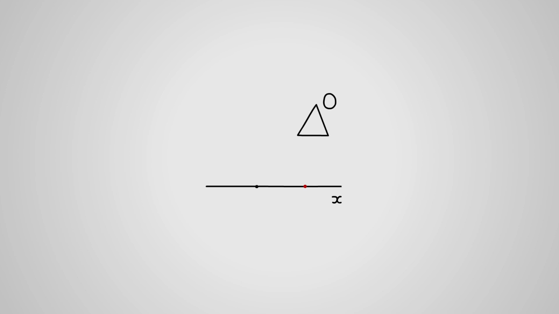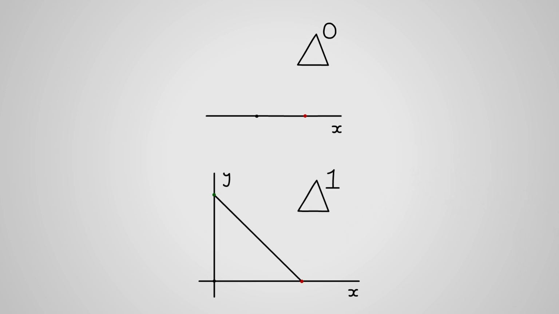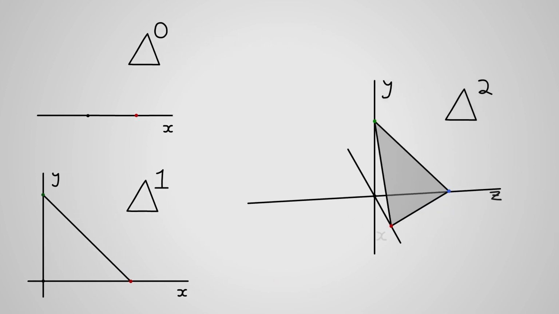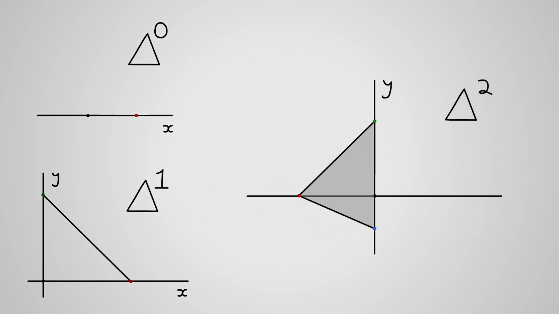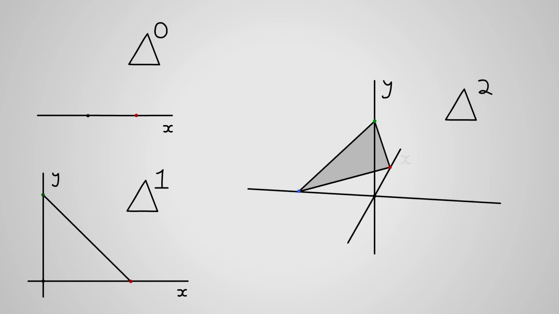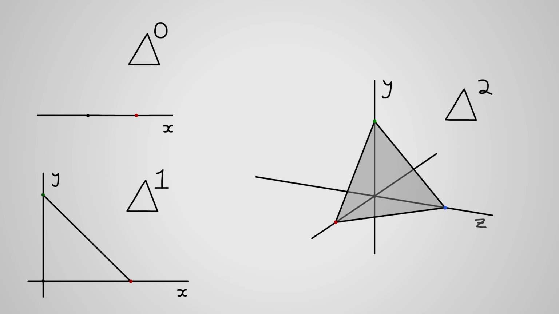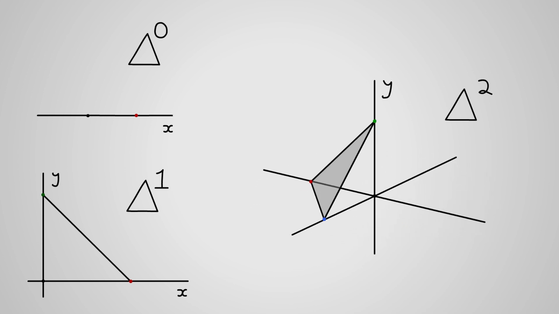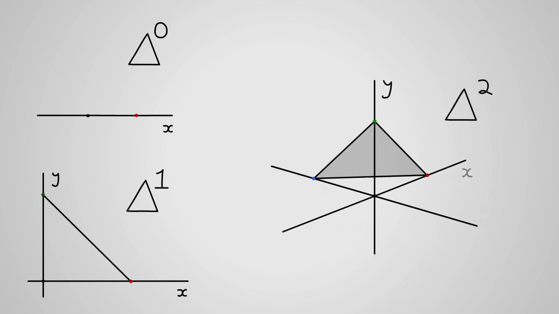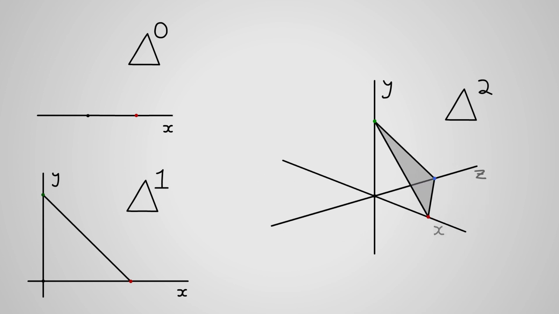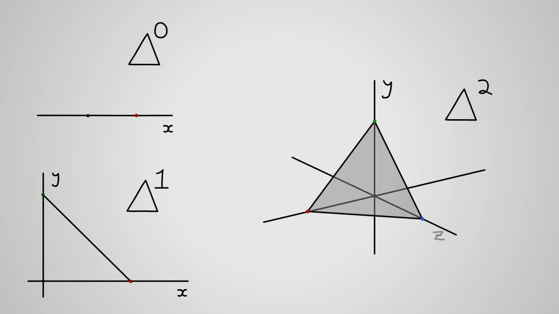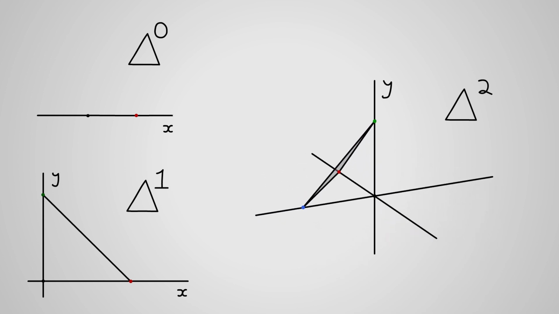Delta 1 is the line segment between e1 and e2 in R2. Delta 2 is the triangle in R3 with vertices e1, e2, and e3. Delta 3 lives in R4, which I can't draw, but it looks like a tetrahedron. Our study of homology will be centered around maps from the delta n into other topological spaces, including between the different delta n.